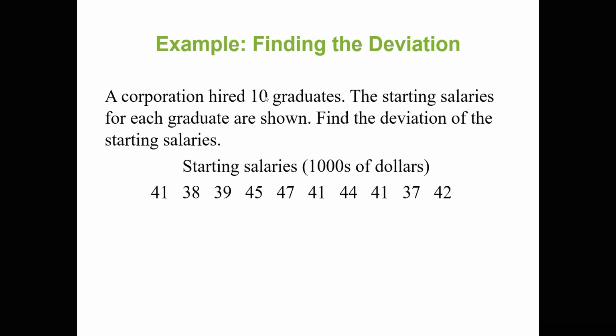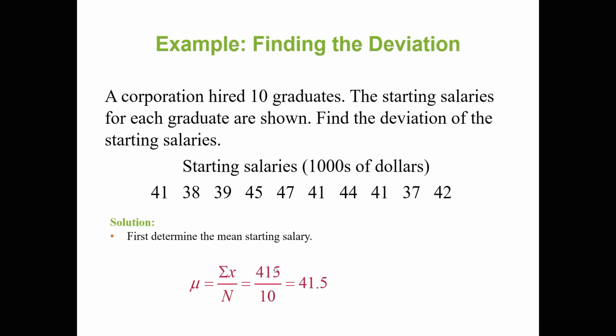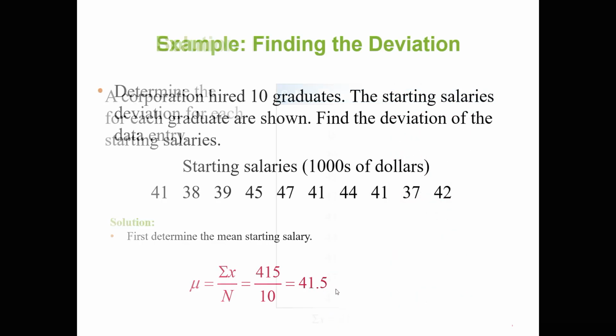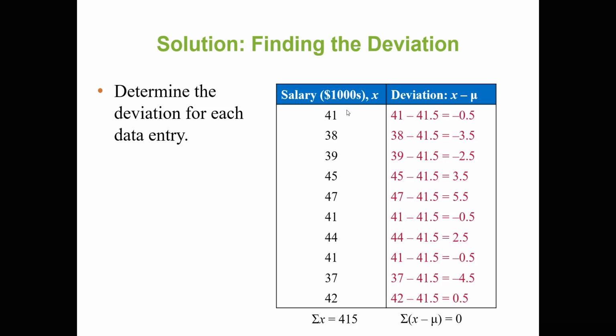We are talking of 10 graduates, so you will add this and divide by 10. So once you add it and divide by 10, you have this as the mean value. What you need to do now is you can just build a table, and once you have the table, given that this is your mean value, 41.5, you can now look for the deviation for each of the values.